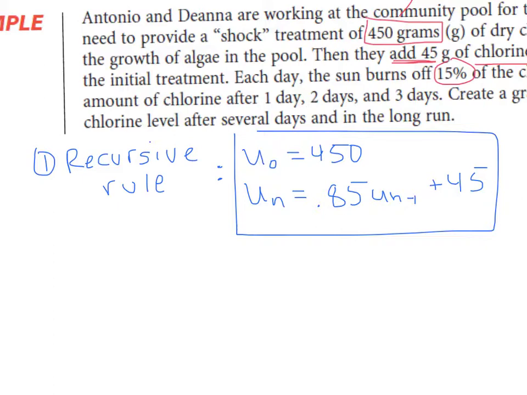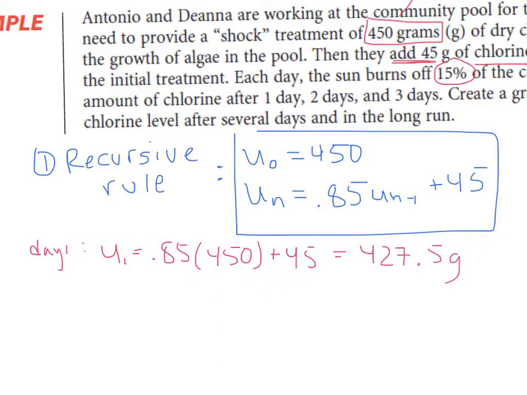If I know U sub 0, then I can find U sub 1. So first day, I'm going to find my first term, I take 0.85, multiply it by my previous term, which was 450, and add 45. And if you do that, you get 427.5 grams.